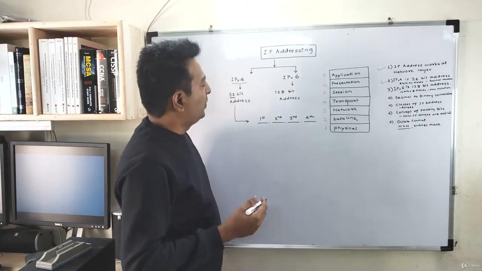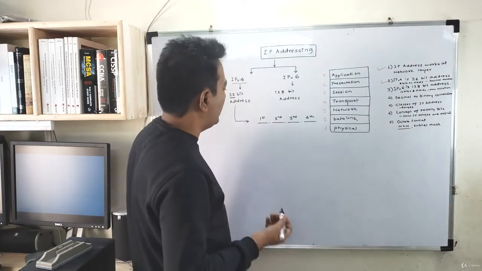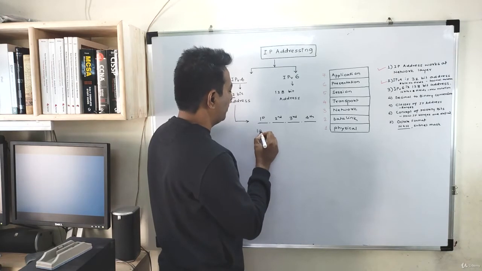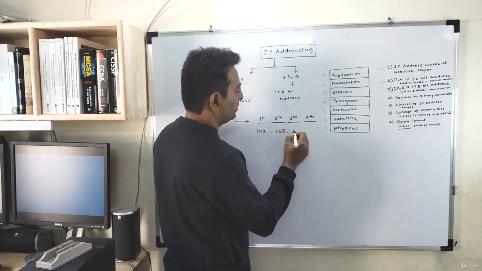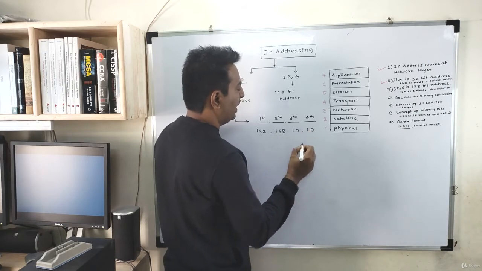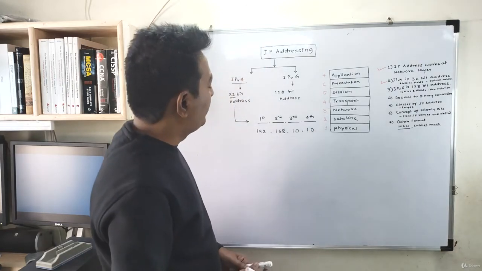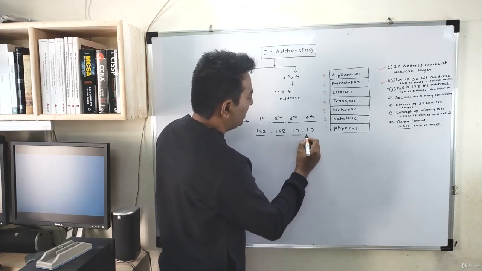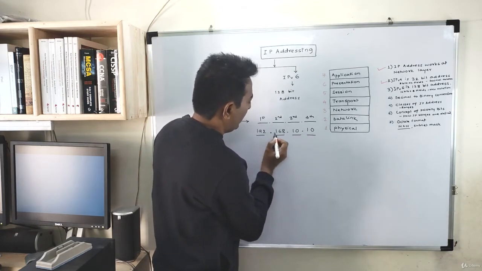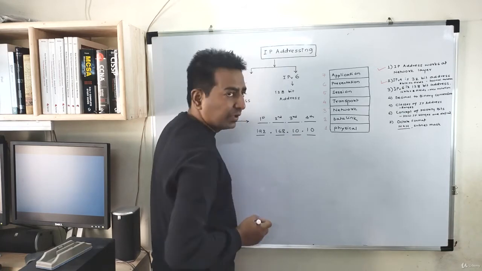If you look at any IPv4 address, it is written something like this: 192.168.10.10. The fields are separated using a dot here.